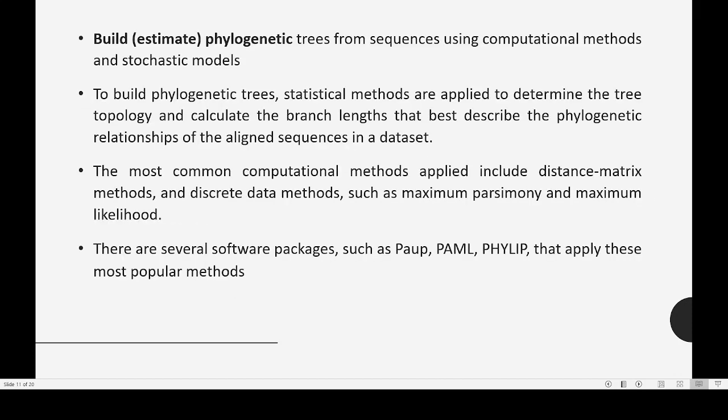Then the second process is to build a phylogenetic tree from sequences using a computational or stochastic model. Stochastic model basically means based on computer inputs, the computer will be able to make a model. For example, next class I will show you how this kind of modeling works, because in the next class we are going to take a DNA sequence or a protein sequence.